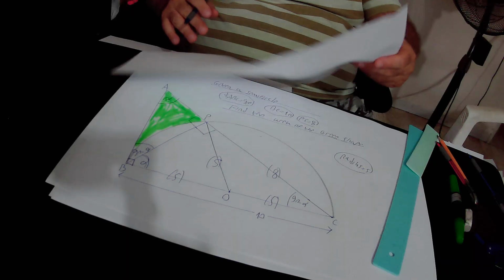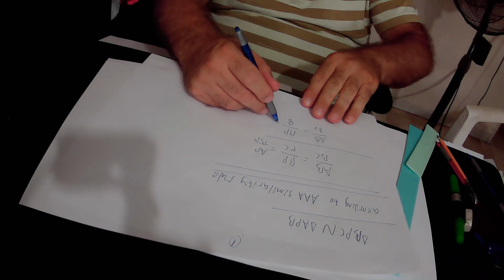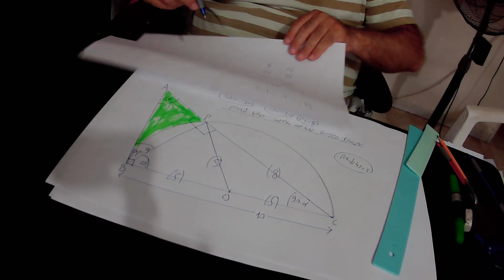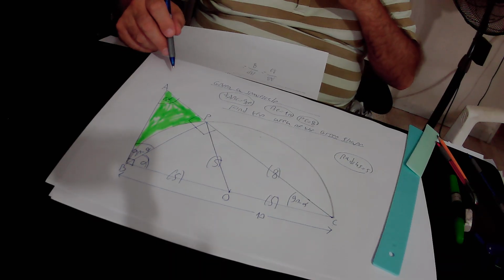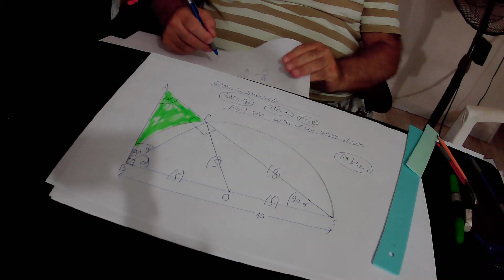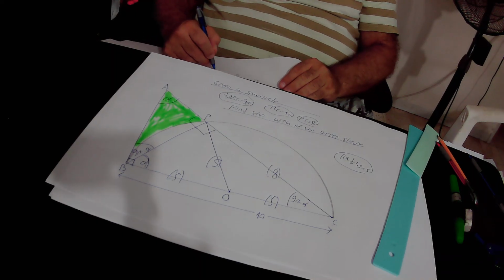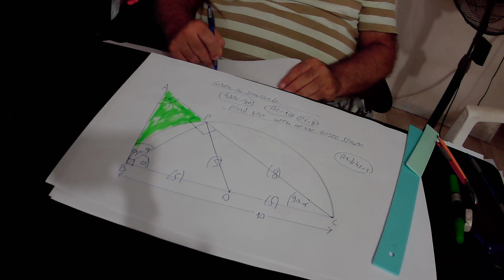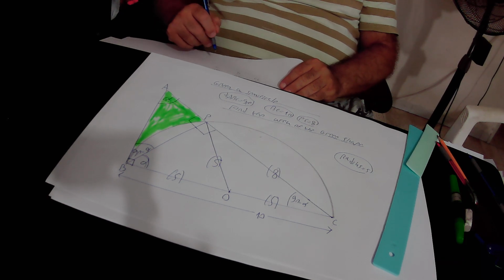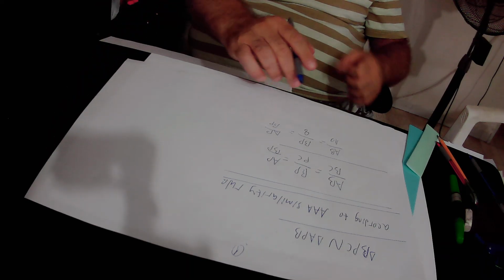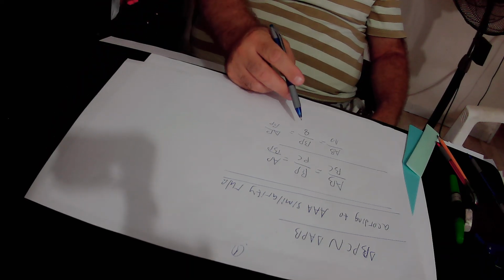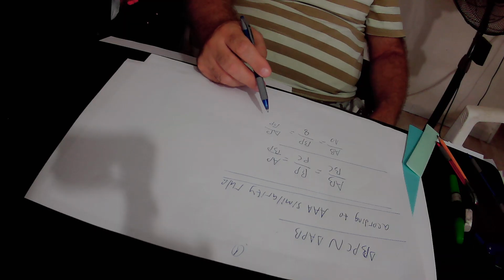So we have AP over BP. AP is the missing side, so leave it as it is. So in total we found out that AB over 10 equals BP over 8 equals AP over BP.